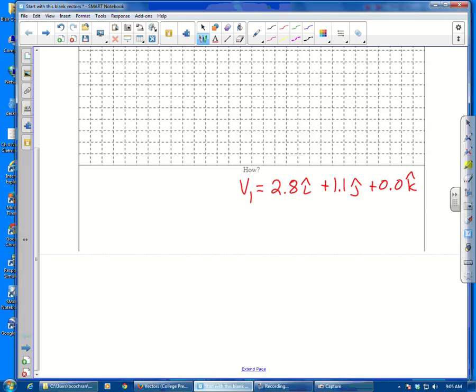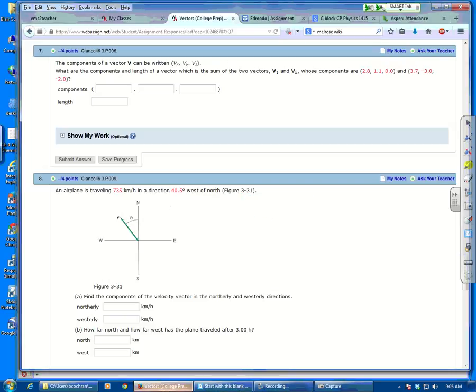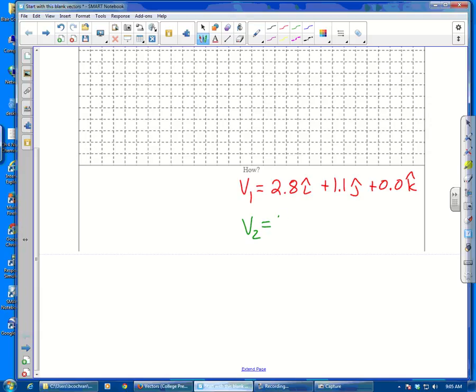And now my second vector, v2. Let's see what it gives me. Components of 3.7, -3, and -2. So 3.7i minus 3.0j.